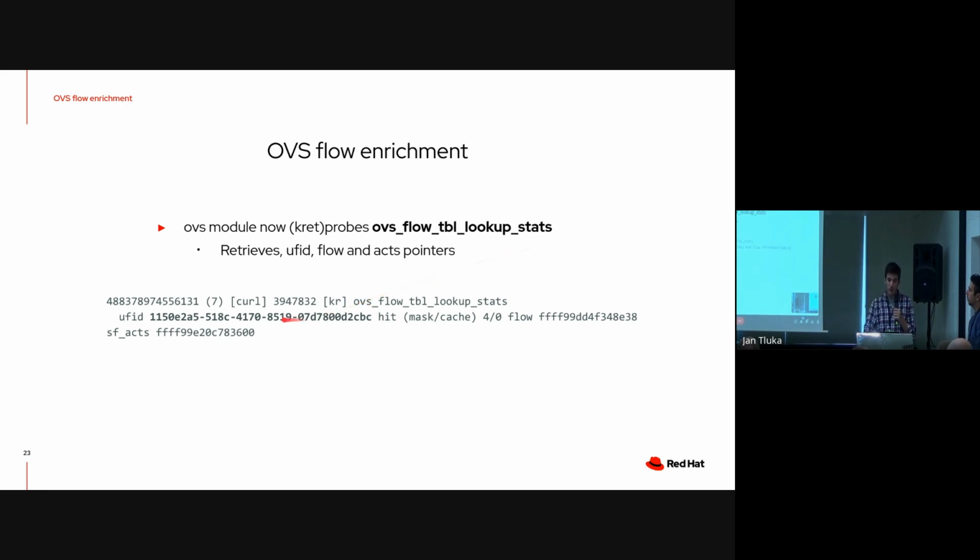So what this generates is an event with a UFID, a flow pointer and an action pointer. This is fairly useless because it's a UFID. It's just a big hexadecimal number, right?